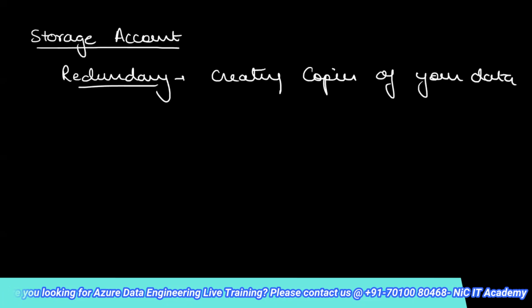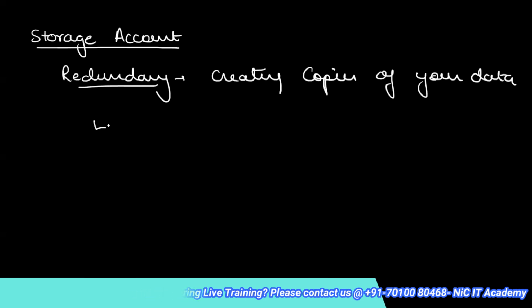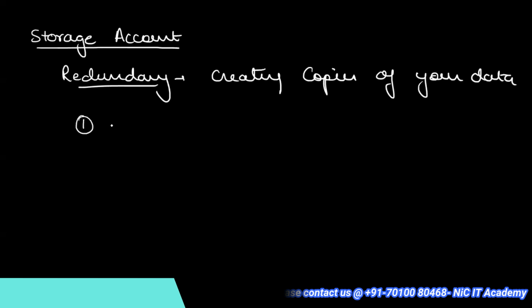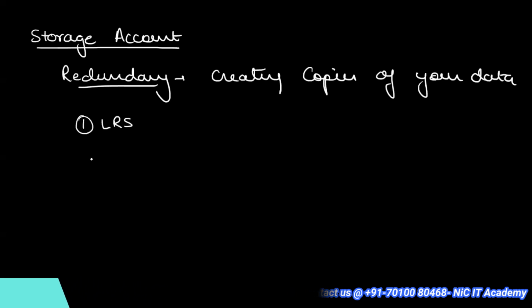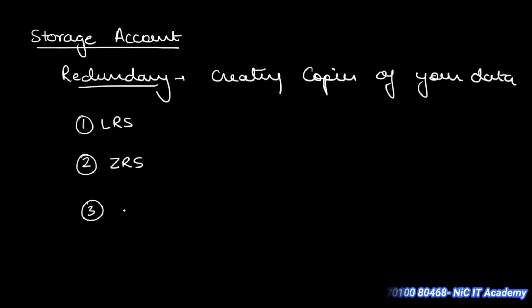And it is true for databases also. In Azure, when you create a database, or when you create a storage account, the different types of redundancy that you will see are something called as LRS. Second is ZRS. Third is GRS. And the final one is GZRS.